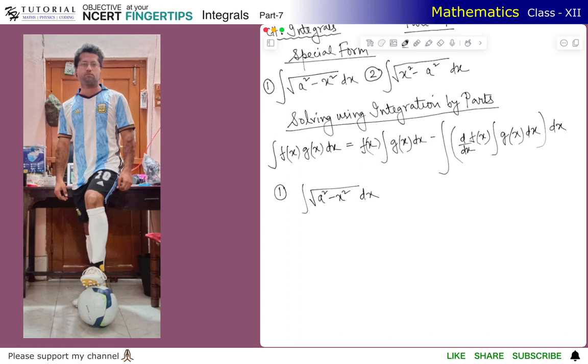So using integration by parts, this becomes square root of a square minus x square times the integral of dx, minus the integral of the derivative of the special form, which will become minus x over square root of a square minus x square, and then the integral of g(x), which is 1 in our case.